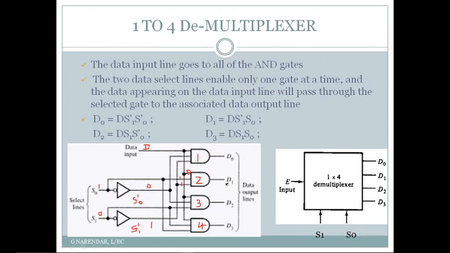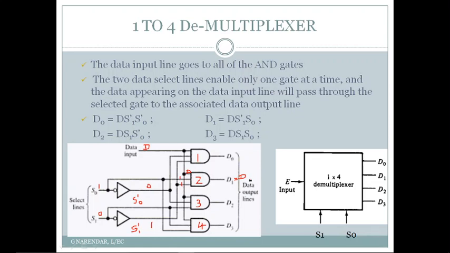So the output of this AND gate, that is D1, now equals 1 dot 1 dot D, which is equal to D. So D1 equals D, that is, the D1 output line got selected and whatever data is present at the input will be transmitted to the output line D1.